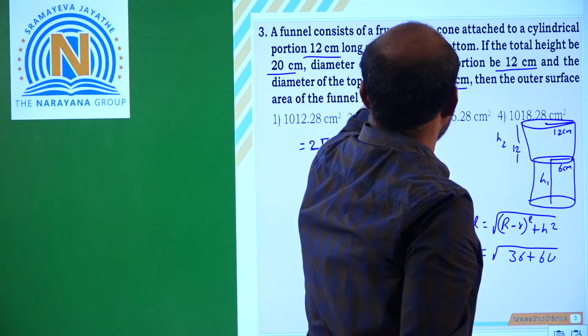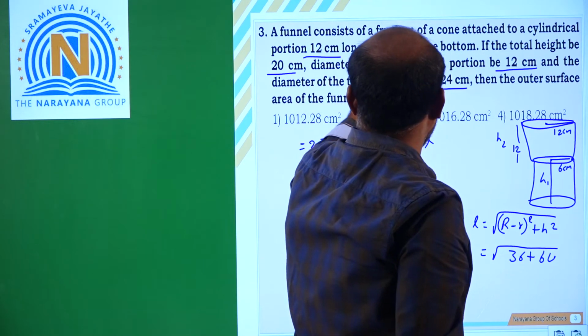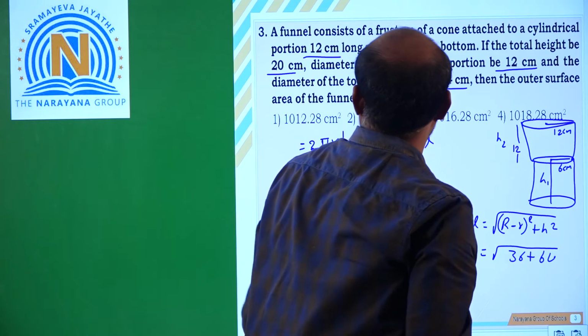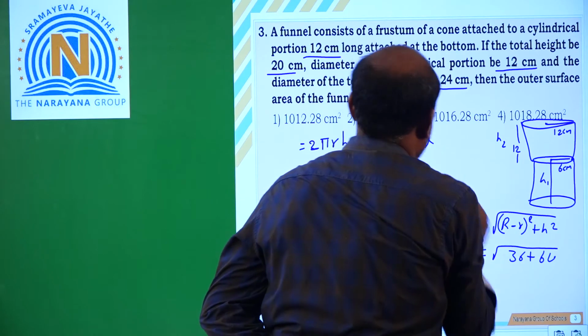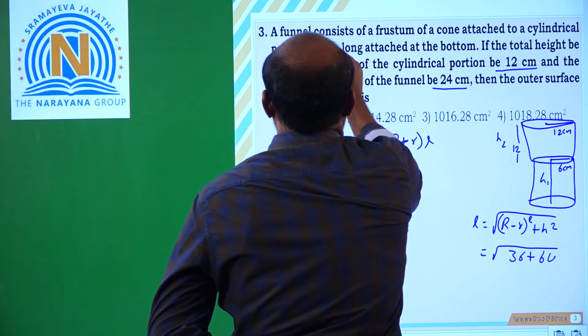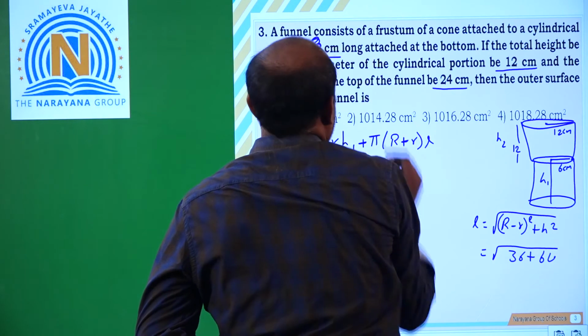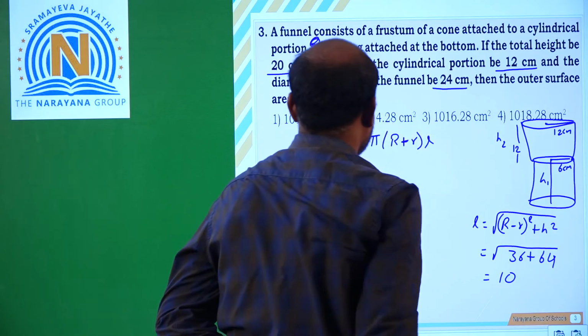A funnel consists of a frustum of a cone attached to a cylindrical portion 12 centimeter long, so the total is 20, which means this one you treat as 8 centimeter. So 64, that is equal to 10.